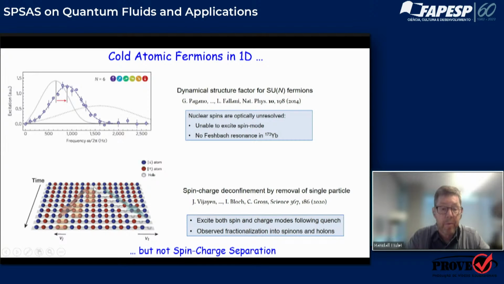And when you remove one of the atoms, you excite all kinds of high energy excitations, both in the spin sector and in the charge sector. So they were again able to observe fractionalization, but not really compare to Luttinger liquid theory at low energy. There is no low energy excitation.